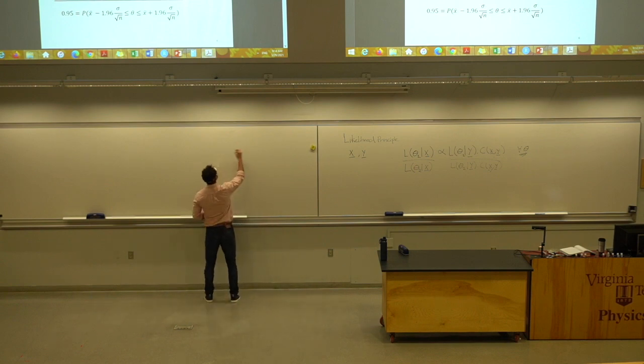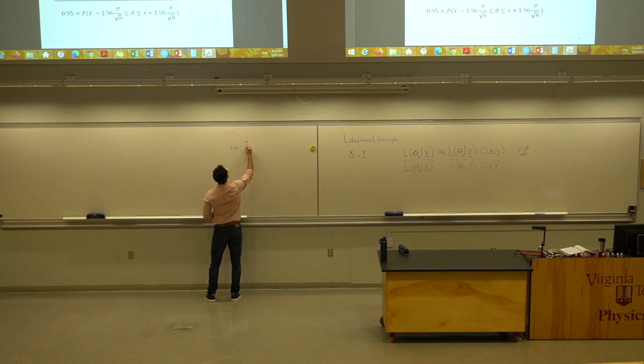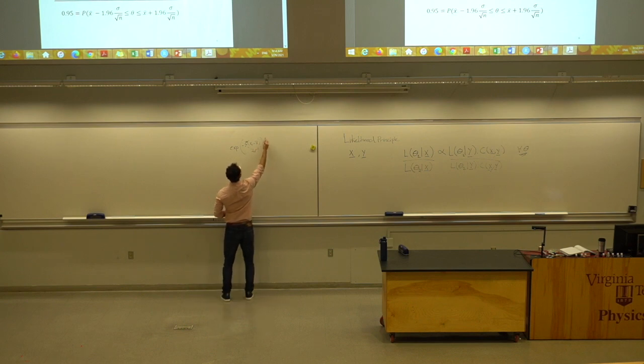In this case, as some of you may be familiar with, the constant would be the exponential of x bar squared over 2c squared.